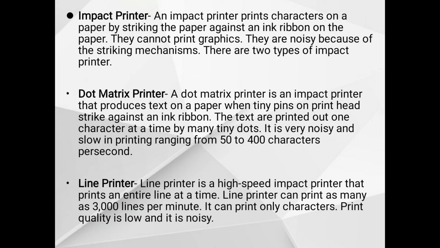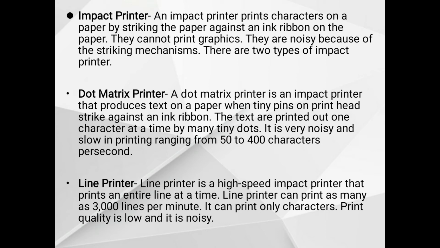Based on that, you have two types of impact printer. The most typical impact printer is the dot matrix printer. Some of you might have seen this. Though it is very noisy, it is used mostly in offices, for office work.